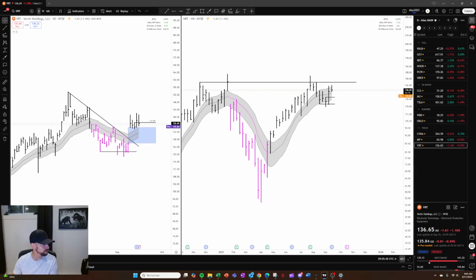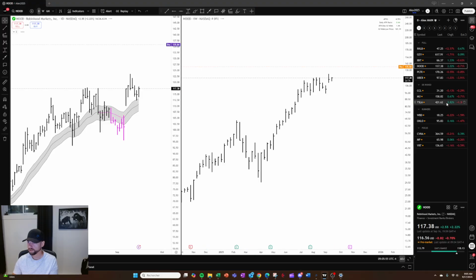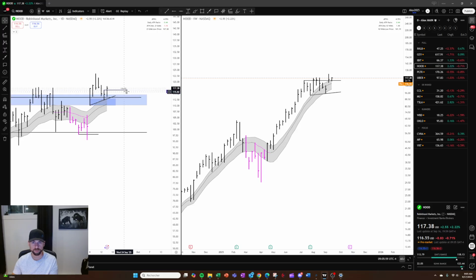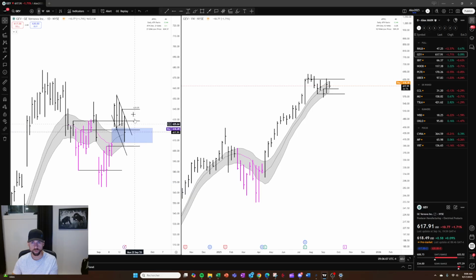Did I have other things in the focus list? VRT, MP, yeah, UD. So you can still look at UD for a retest of that reversal pivot, right? That would be a nice way to get in. GEV was the other name in the focus list.